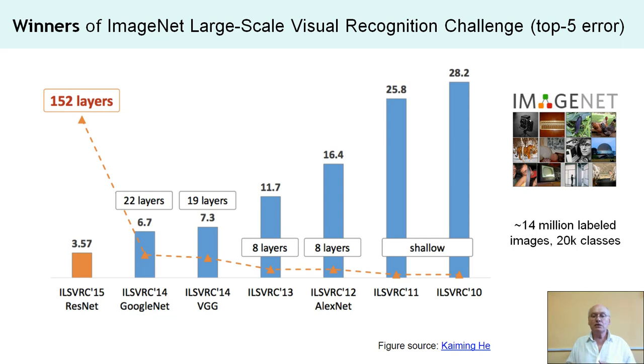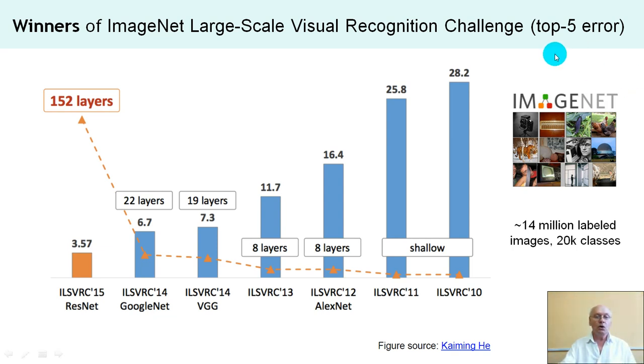Finally, we have millions of computer vision images which are not biomedical, and we have tens of thousands, around 20,000 classes. That's a lot of categories of real life. On this database, of course, it's good to test new approaches and the power of different neural network architectures.